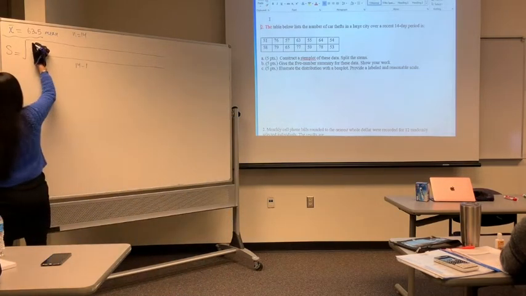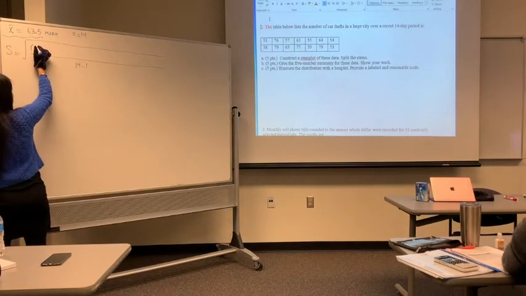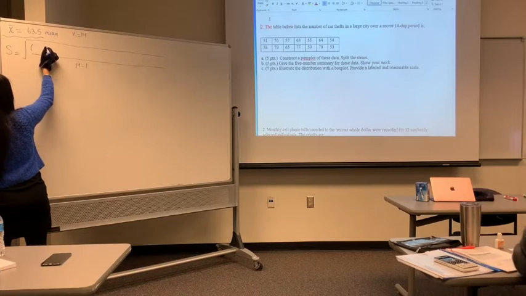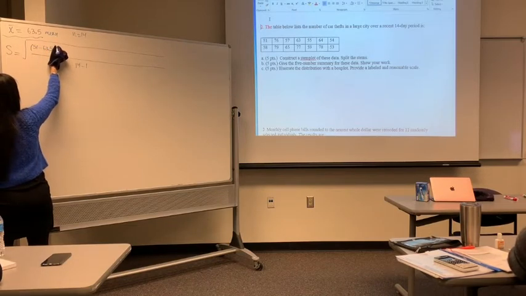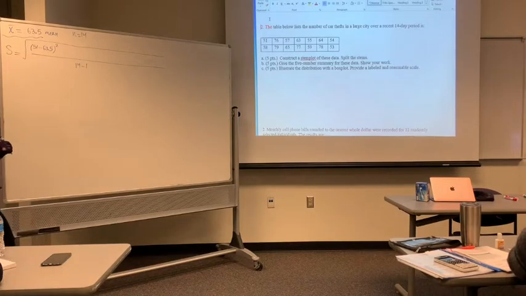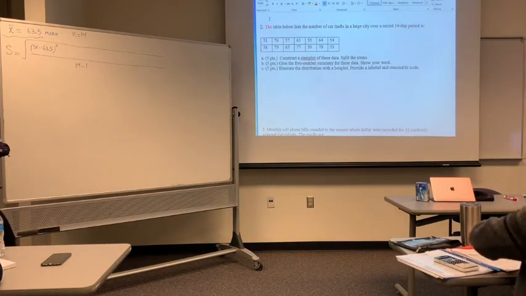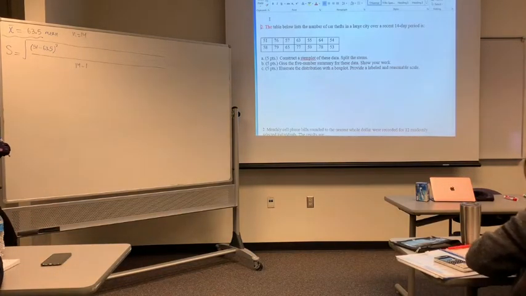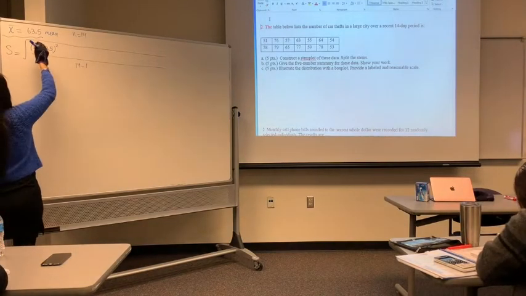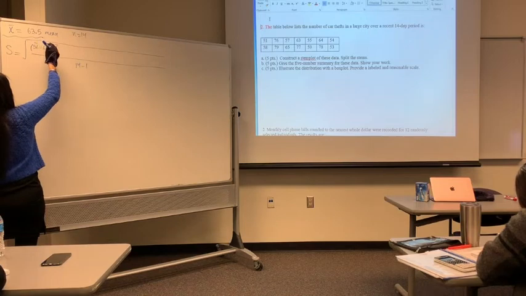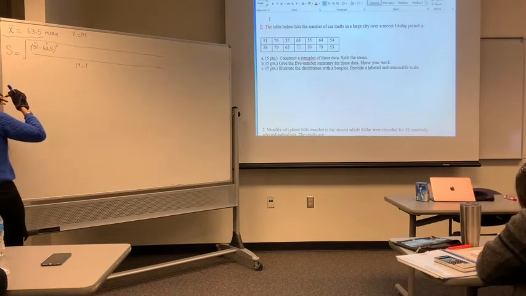The first parenthesis is x1 minus the mean. x1 is 51, the first observation, minus 63.5 power 2. Correct? Do you understand what I'm doing? This is the first observation, x1. This is x bar.